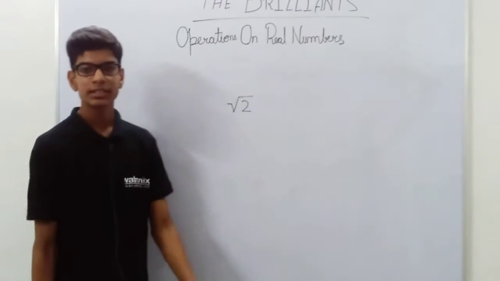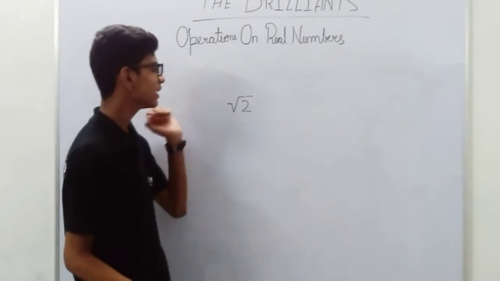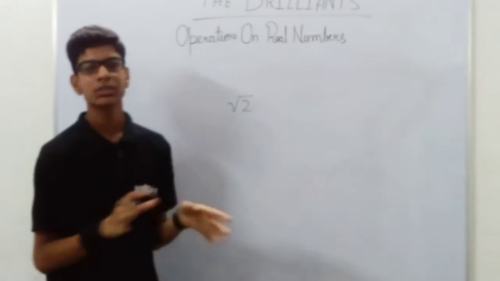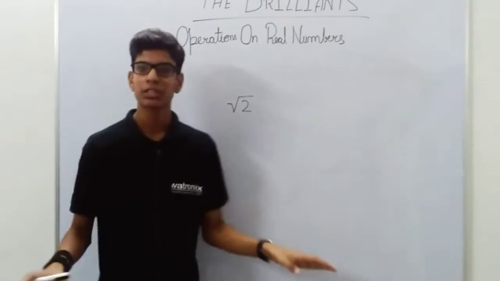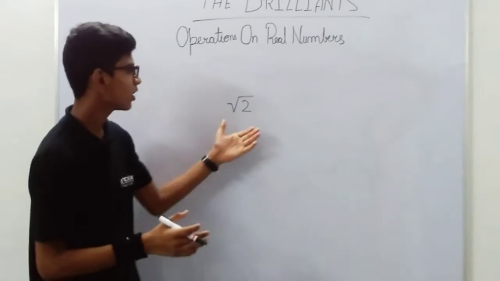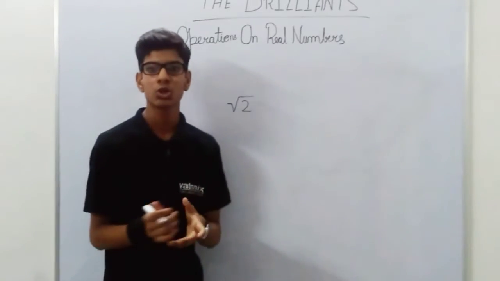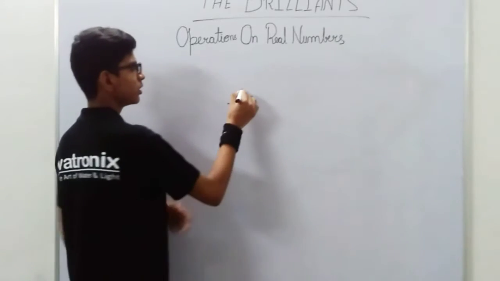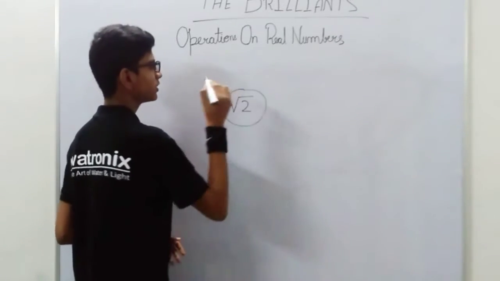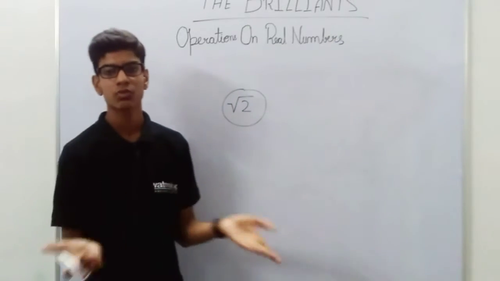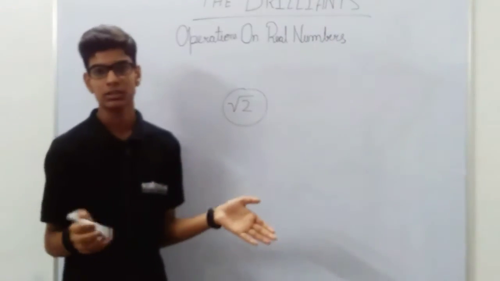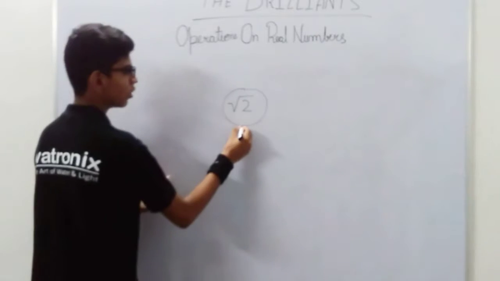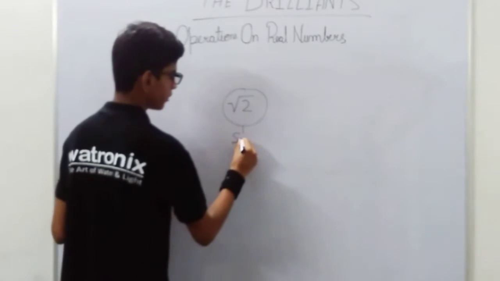In this under root 2, we can see that it cannot be simplified into its simplest form, as it is already in its simplest form, and it cannot be converted into rational, so it is an irrational number. This type of number which is already in its simplest form and is irrational, these numbers are called surd.